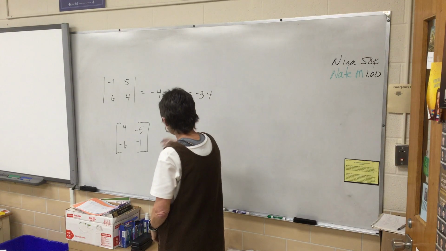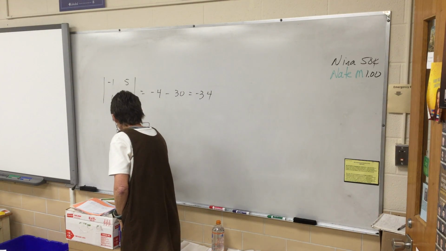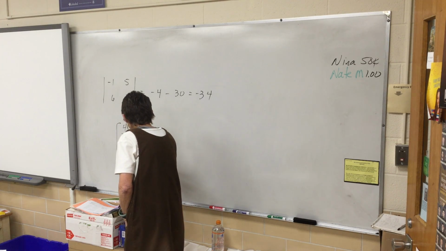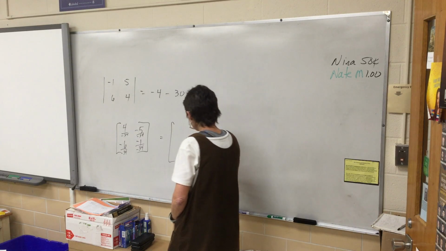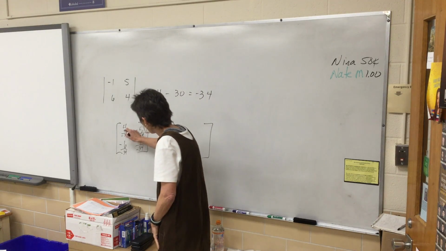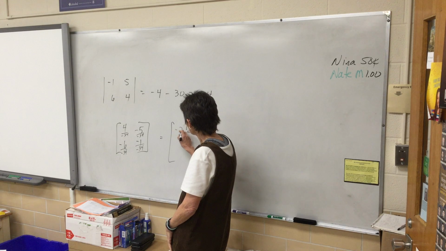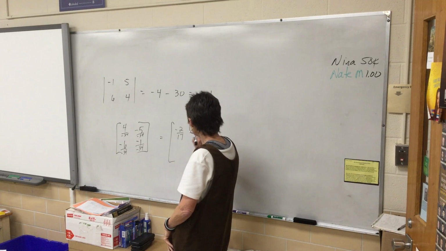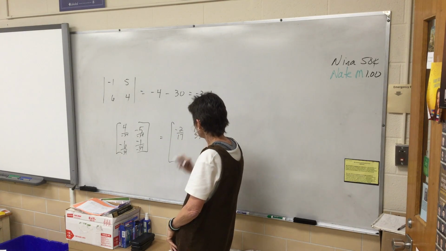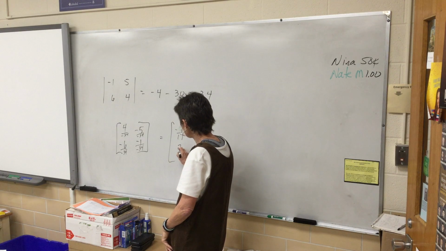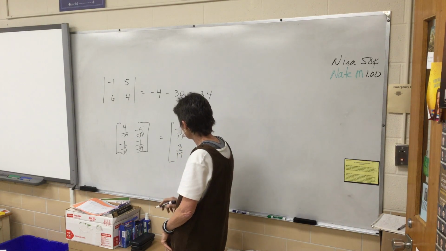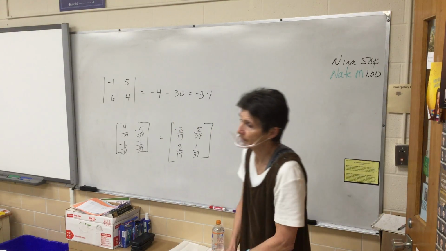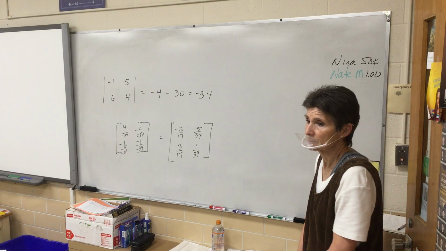We take all of those and divide by negative 34. And then our final answer will be the simplified version of that. So that reduces to negative 2/17. That one doesn't, but the negatives cancel. That one reduces to 3/17 and 1/34. And that's the inverse.